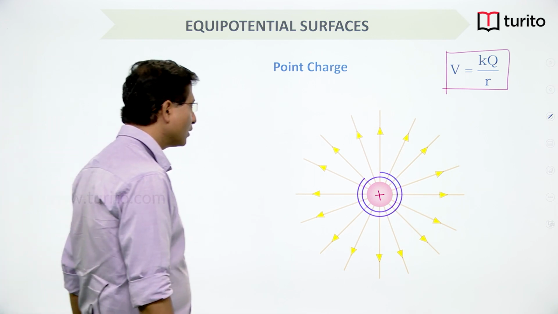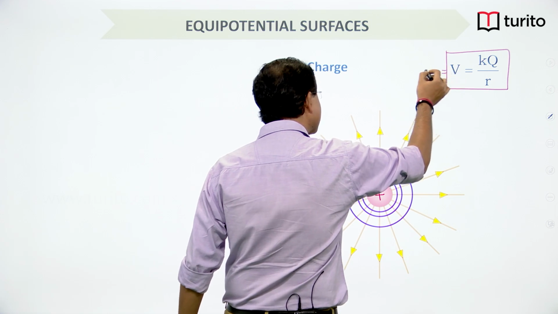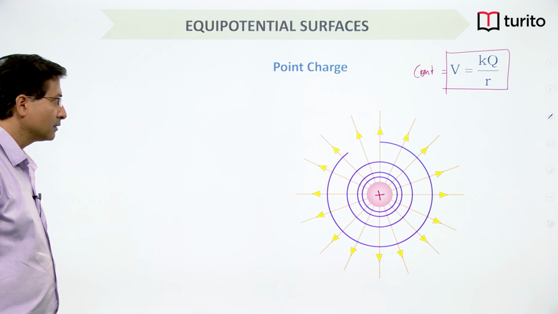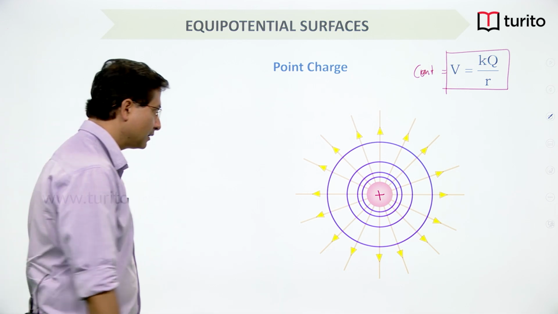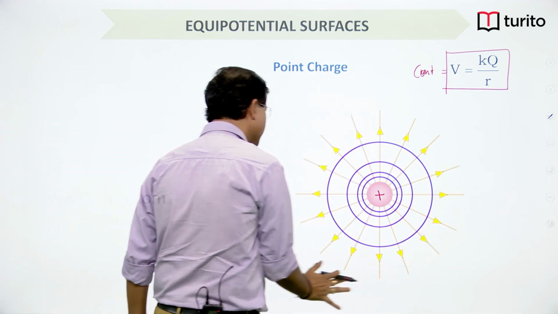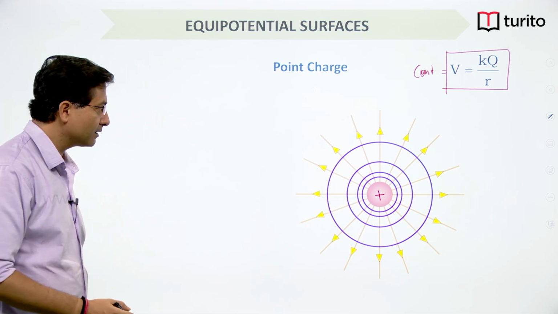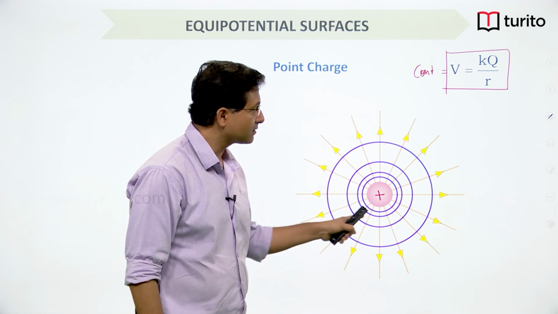So, if I put potential constant, then if I want to draw it on a 2-dimensional plane, I will get concentric circles.